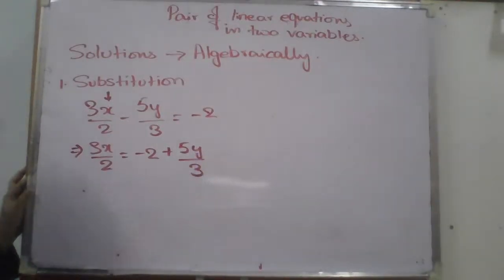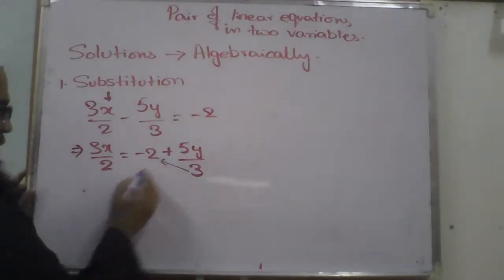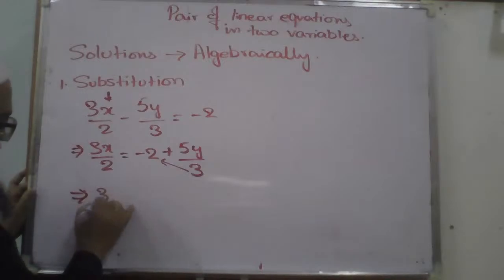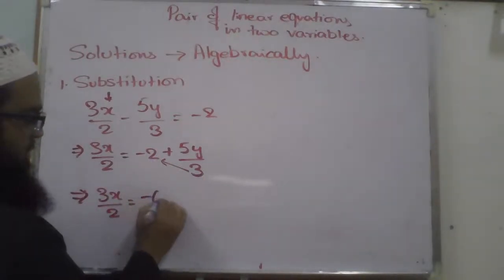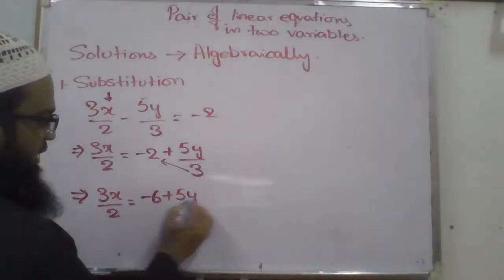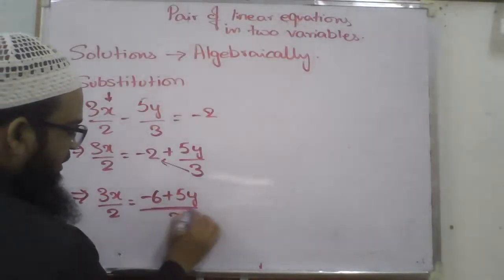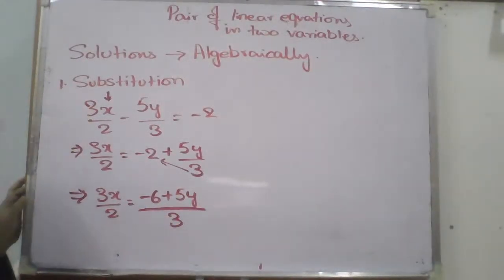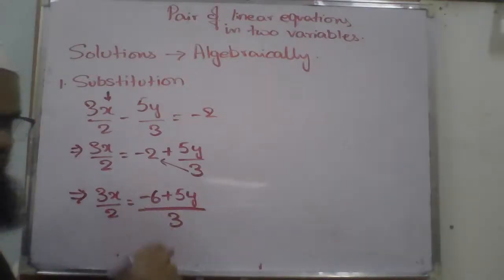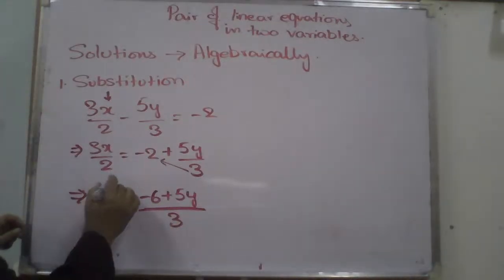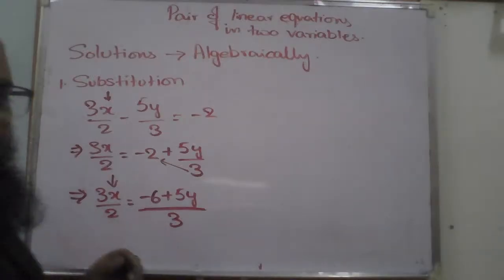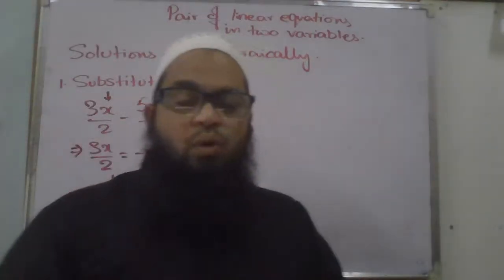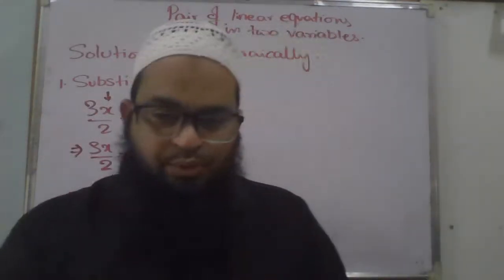Okay, 5y by 3, and you take LCM. So what happens? That implies 3x by 2 equals minus 6 plus 5y divided by 3. Understood? You have numerator and denominator as one term. Now you have to find x. So transpose 3 divided by 2. Whenever you transpose a fraction, what will happen? It becomes reciprocal, right?